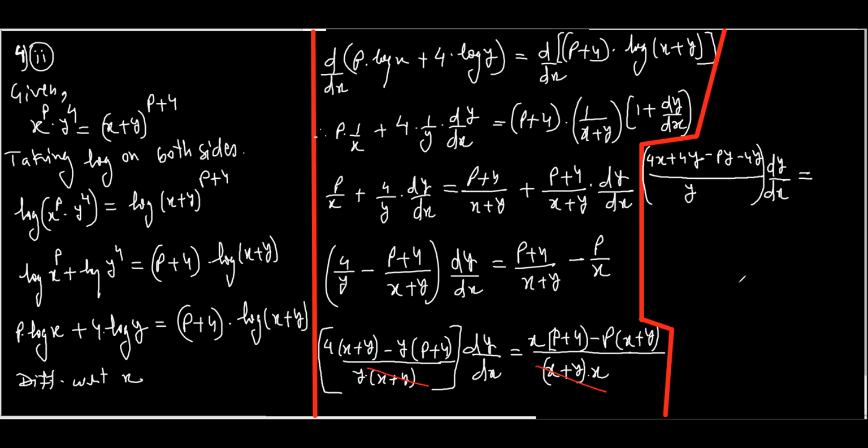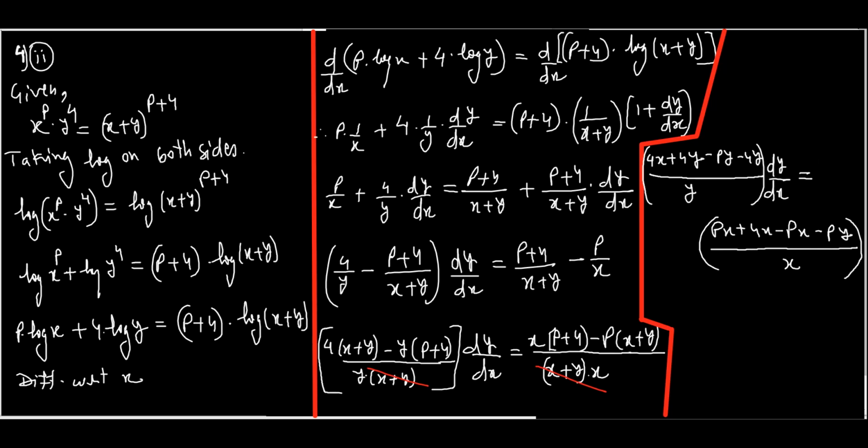And see on the right what I'm having. Now I'm working on the right hand side. I'll be writing here because I don't have enough space left. So here I will get the numerator px plus 4x minus px minus py upon x. Now you can check, students, what is going to happen.